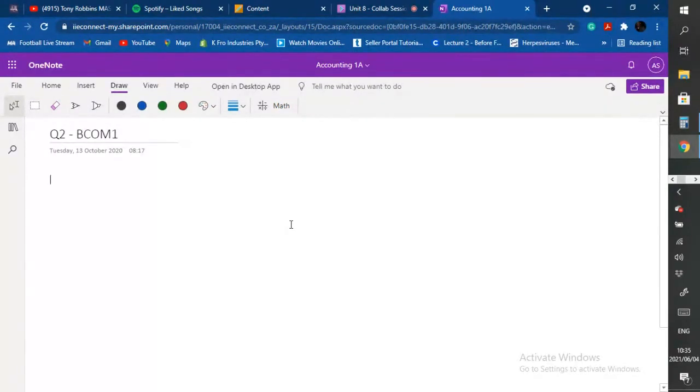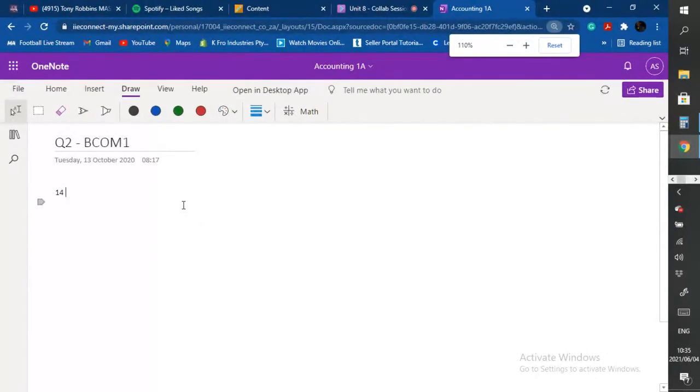Now, one thing I did mention to you yesterday is that UIF has a cap. And that cap, I'm going to write it here, is 14,872, and you can see that in example 8.2. So this is your UIF cap.